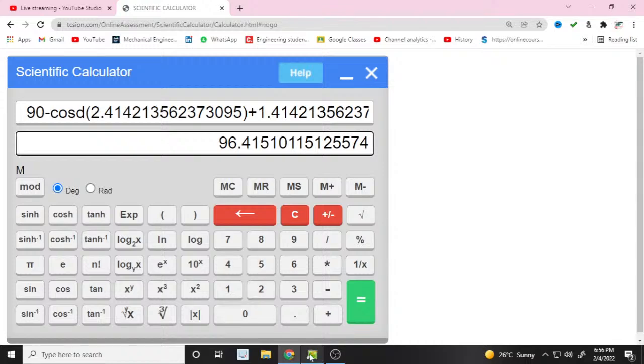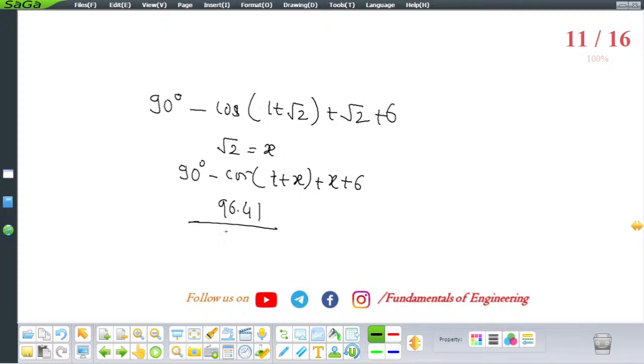Hope you understand, right? So easily we find out the answer. If you look at these memory functions, it will be very easy to use this scientific calculator.